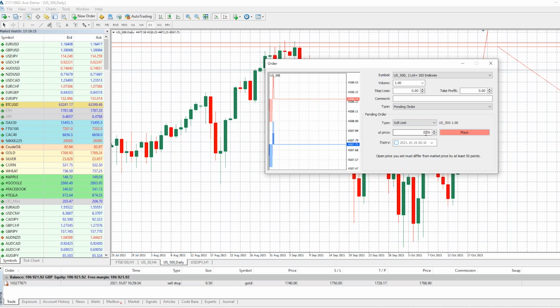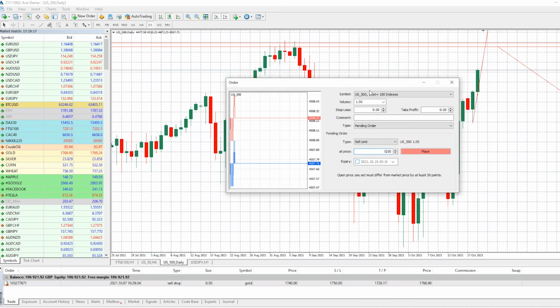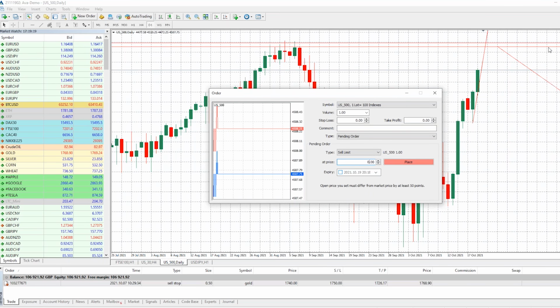All right, so just before this resistance then would be what, 45.40, let's say. We might then put our stop loss, I don't know, 10 points up, 45.50, let's say.